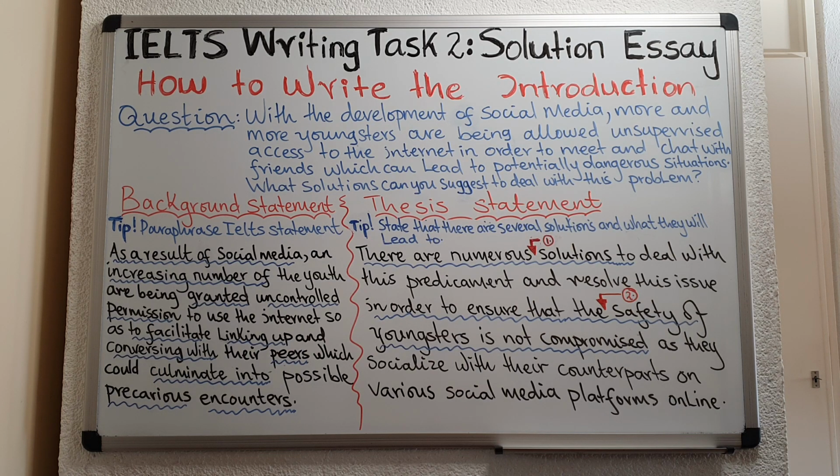They will be safe as they interact with others online, okay? Their safety is not compromised. Not compromised means that it is not put in danger, okay? It is not compromised. It is not put in danger.